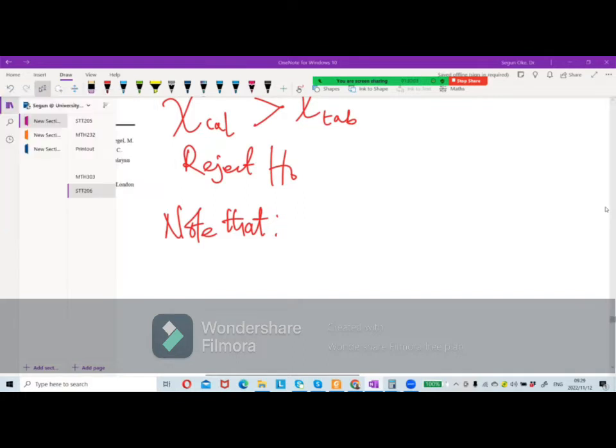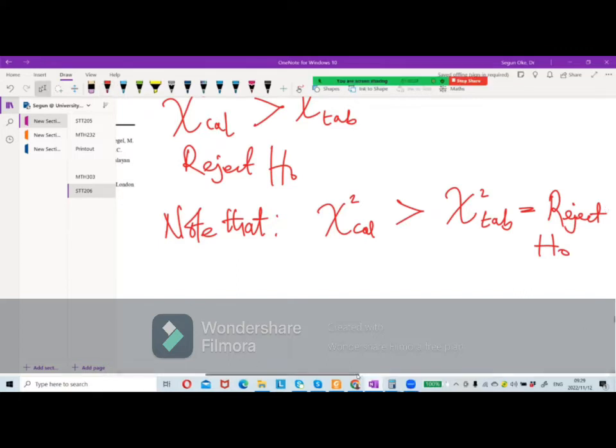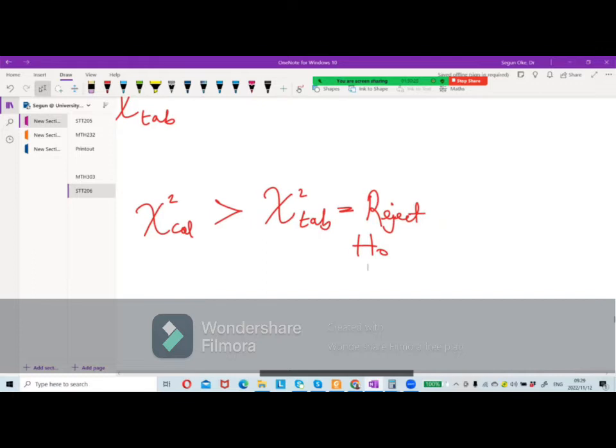So note that whenever your chi-square calculated is greater than chi-square tabulated, or is equal to, you reject H naught. Are you getting it? Let me just write it together.